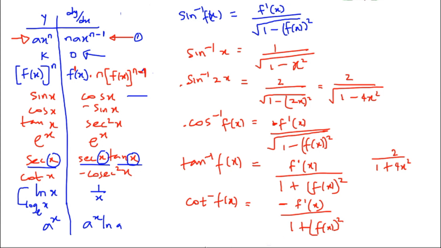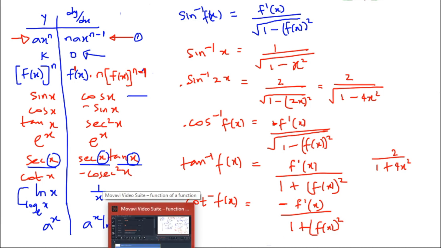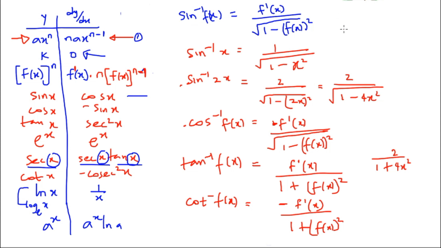So I should also have that of arcsec, the arcsec of x, or the arcsec of a function of x. That will be the derivative of that function, that is f prime of x.